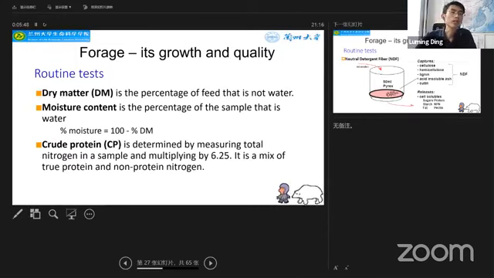Dry matter, we know, is the percentage of feed that is not water. So moisture content plus dry matter equals 100. The crude protein is determined by measuring total nitrogen in a forage sample and multiplying by 6.25. It is a mix of true protein and non-protein nitrogen.